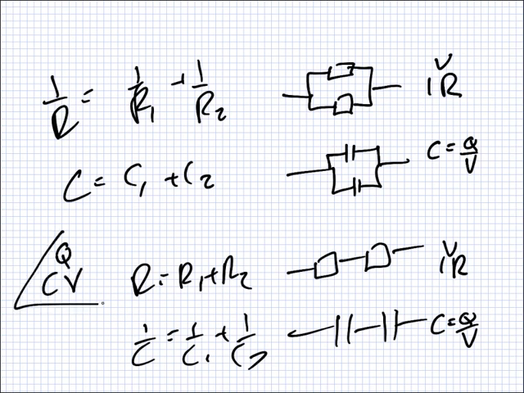That's right, Ben. So C is Q over V, V is Q over C. QCV. Nice. So there are similarities between the two lessons.